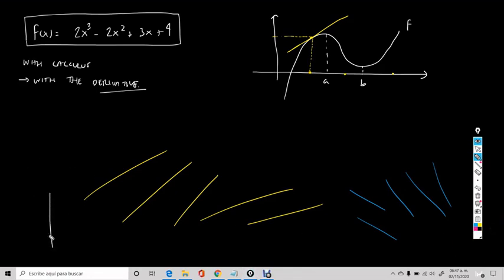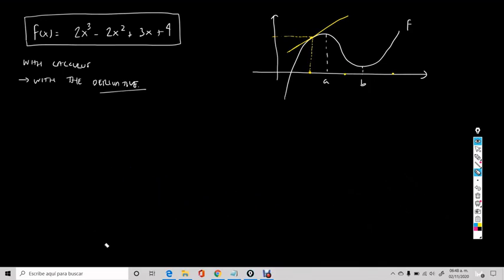All the lines that look like this with these inclinations in this direction have positive slopes, and all of these have negative slopes. So basically what I was telling you is this: at any point which is on an increasing interval, when you graph the tangent to the graph at that precise point, you will see that it has a positive slope.